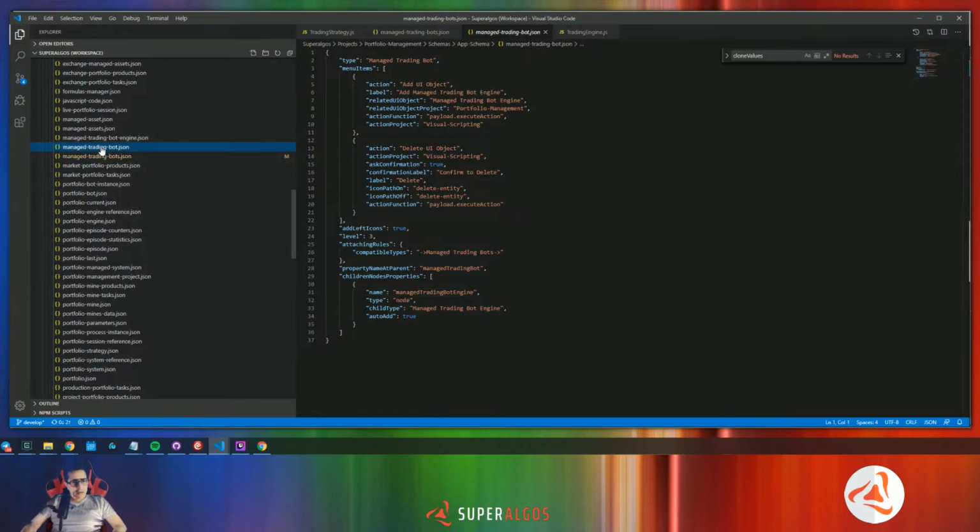And in manage trading bot, it will have an S here. This is a standard. That's why I'm doing it. I don't like fixing this stuff, but it's better if every time there is an array, it's plural.